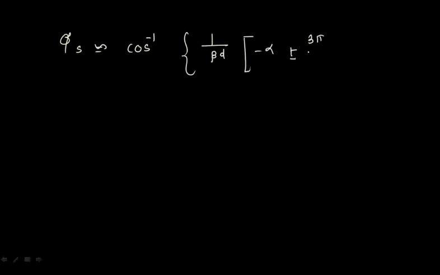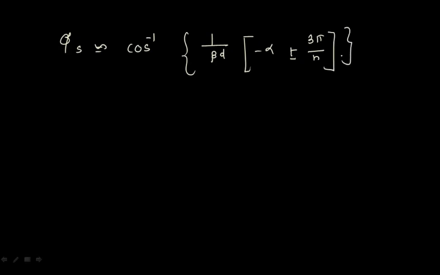Or if I simplify it further, phi s is approximately equal to 1 upon beta d minus alpha plus minus 3 pi by n. ठीक है, so this is how I'm obtaining my side lobe.